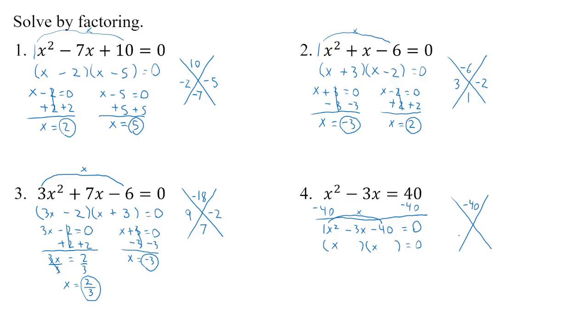And on the bottom is the coefficient of your linear term, and that's negative 3. So now we're looking for two numbers that you multiply to get negative 40 and add to get negative 3. And those two numbers are negative 8 and positive 5. Negative 8 times positive 5 is negative 40, and negative 8 plus positive 5 is negative 3. Both leading coefficients are 1, so you can just go ahead and put in those two numbers.